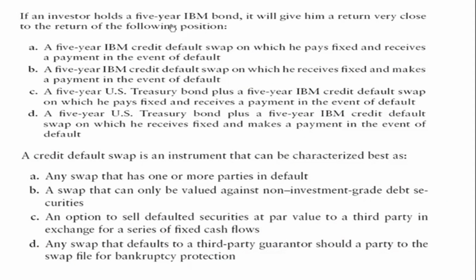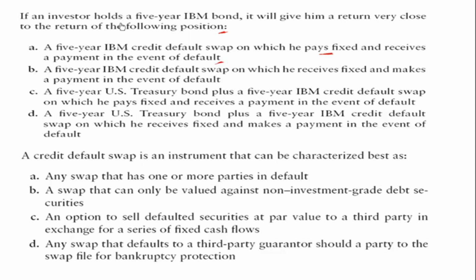If an investor holds a 5-year IBM bond, it will give him a return very close to the return of the following position: a 5-year IBM credit default swap on which he pays fixed and receives a payment in the event of a default.